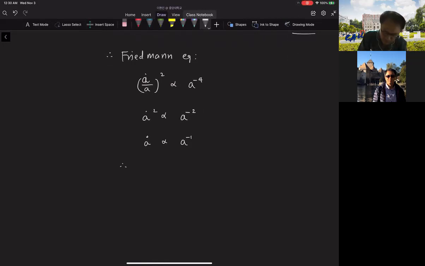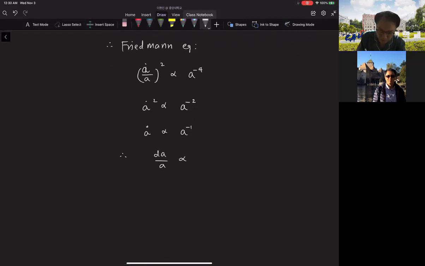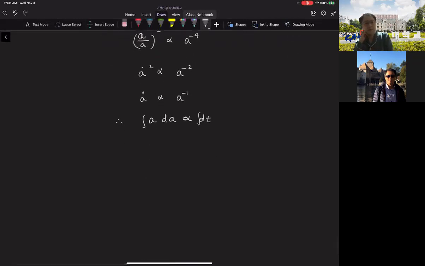Therefore, you can show that this is the integral, so we can integrate independently for A and time, and then you will get A squared proportional to time.